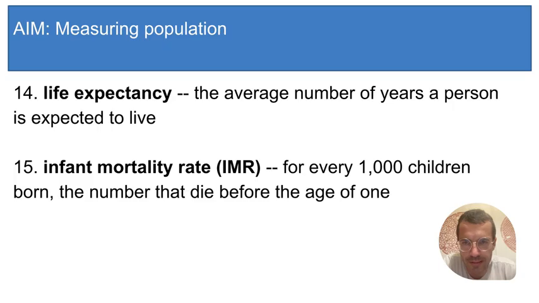All right, the last statistic, infant mortality rate, or IMR. For every 1,000 children born in a country, the infant mortality rate is the number of them that will die before they turn 1 year old. Infant mortality rates are highly correlated with healthcare. The highest infant mortality rate right now is in Afghanistan, which is another extremely poor country like Chad.